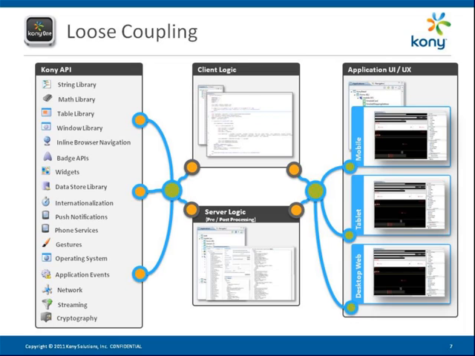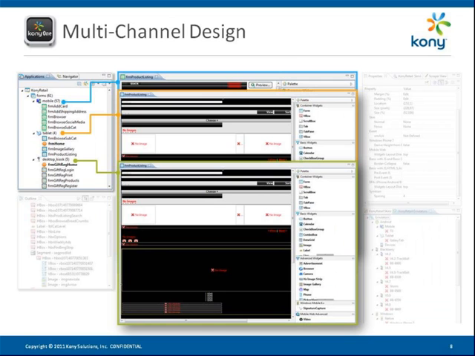So the goal from a Kony perspective to support a new channel is to add a new layout using our IDE, and tweak that layout to get the right type of experience, but leverage the same client-side logic and the same server-side logic. That will be the purpose of this demo, and we'll give you an example of how that works in the next slide for a couple of minutes.